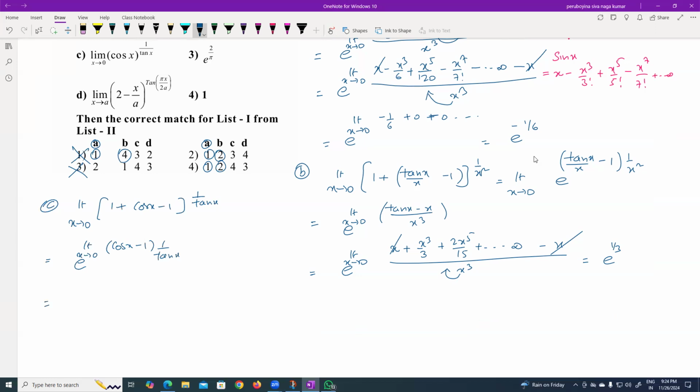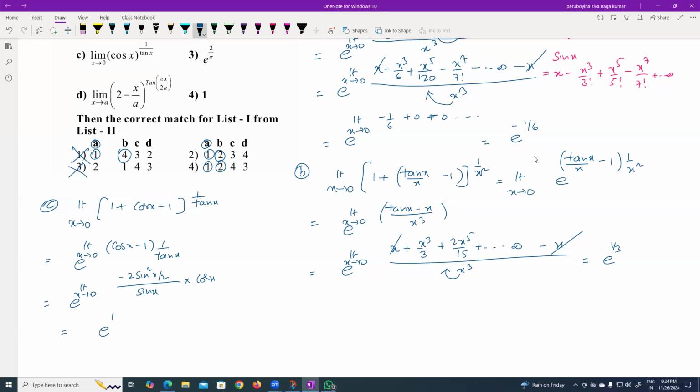What is cos x minus 1? What is the formula for that? Cos x minus 1 is minus 2 sine square x by 2, divided by tan x, which means sin x by cos x. Cos x is going as numerator.